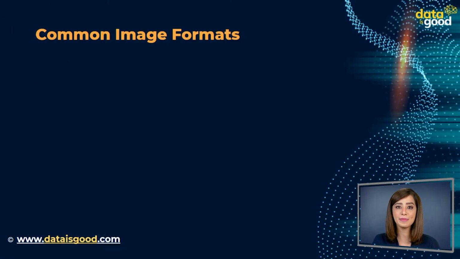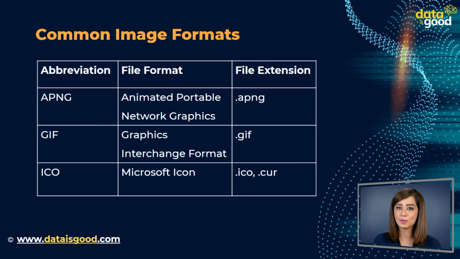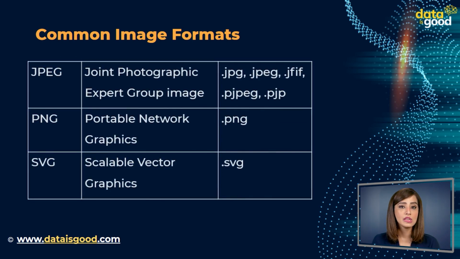Now, common image formats. These are abbreviation, file format, file extension. APNG, animated portable network graphics, .apng. GIF, that is graphics interchange format, .gif. ICO, Microsoft icon, .ico, .cur.